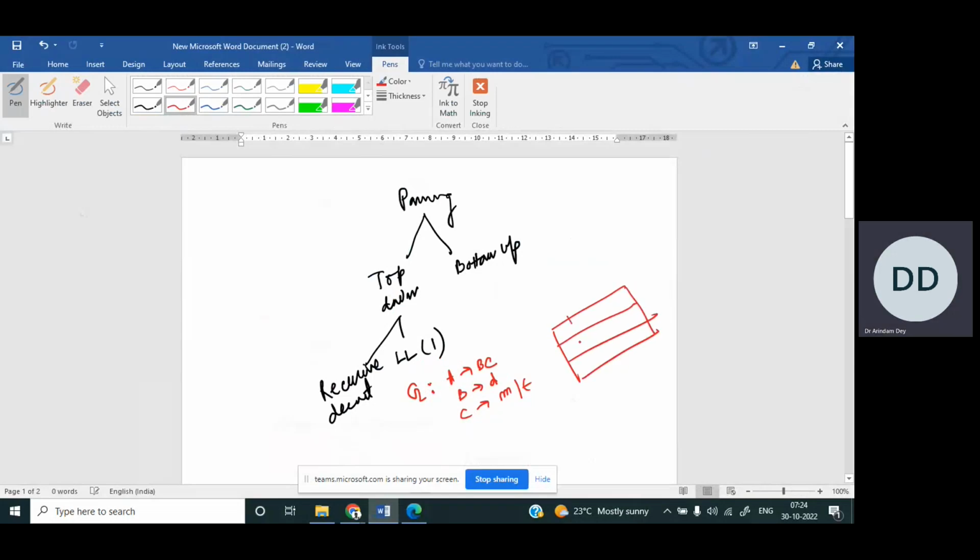So in that table, we had to create the columns. In the column-wise we write the variable names, and row-wise we write D and M. These two terminals are there. That's why we have written two. So first, a rudimentary table needs to be prepared.